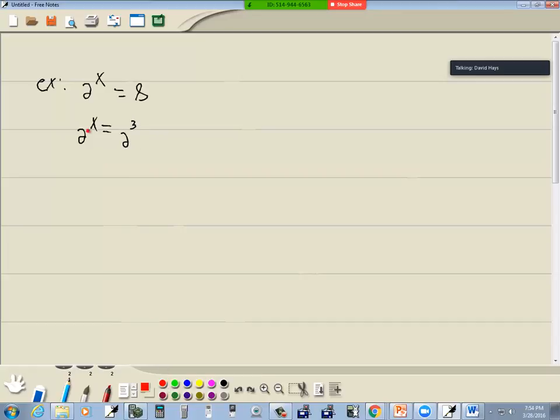And equality of exponents says if you can get this number and this number the same, both of them 2 to a power, then it's like you can cross out the 2's and you set the exponents equal to each other. So that'd give us x equals 3. Like I say, a fairly simple idea, but some of them may not be so simple to get in the right form.